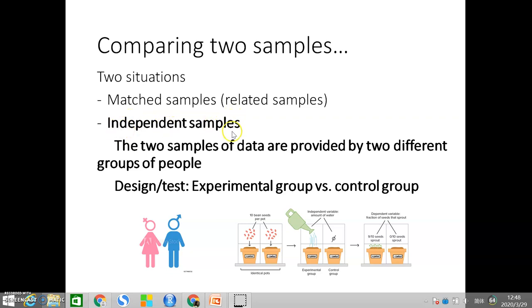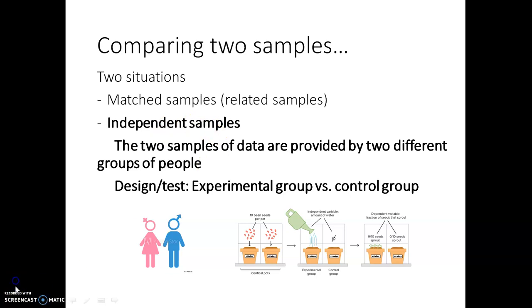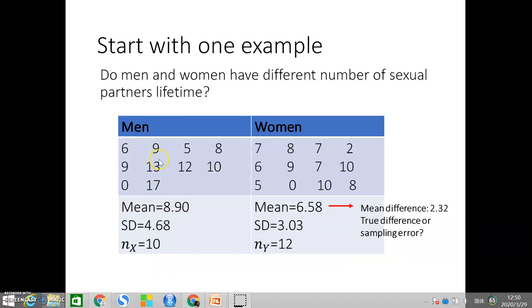And next, I'm going to give you guys a concrete example and talk about how to calculate, how to do this t-test. Okay, so here is a concrete example. Let's say I'm curious to see whether men and women have different numbers of sexual partners throughout their whole life.